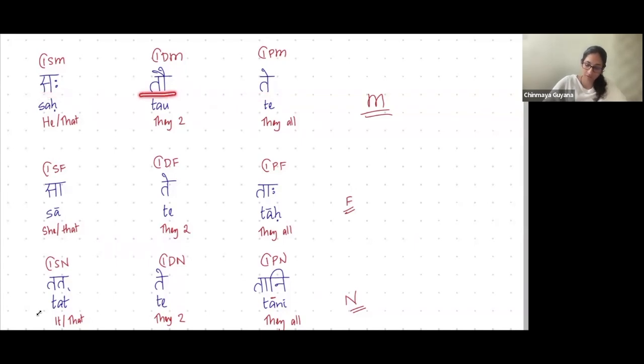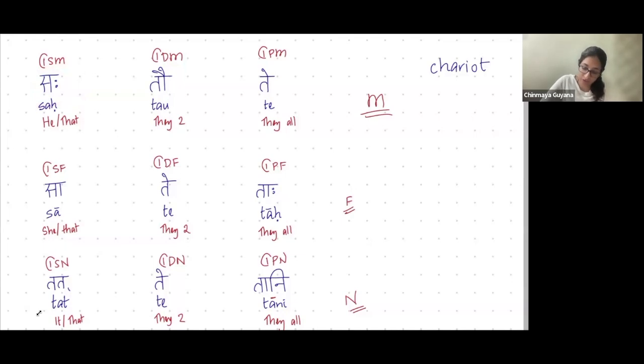Saha, tau, te. He or that, because if you have a masculine word like ratha, ratha is a masculine word, chariot. If I want to say chariot and I want to use the pronoun to replace it, I cannot say it. I have to use saha because the pronoun must match the noun in its gender.